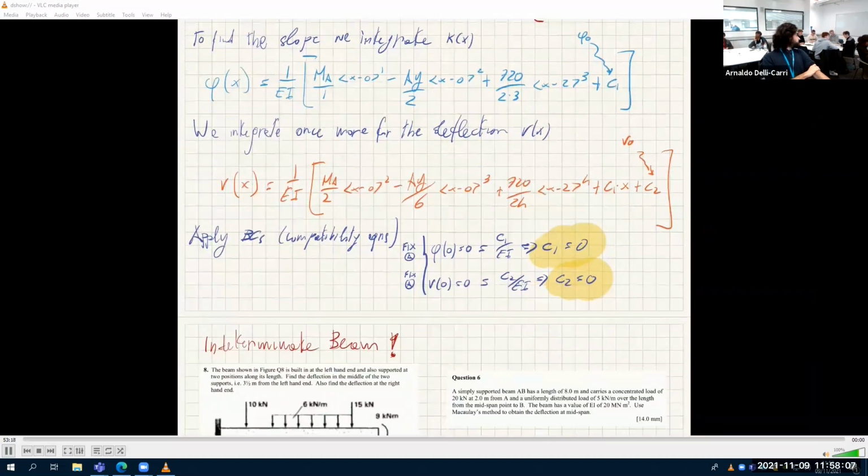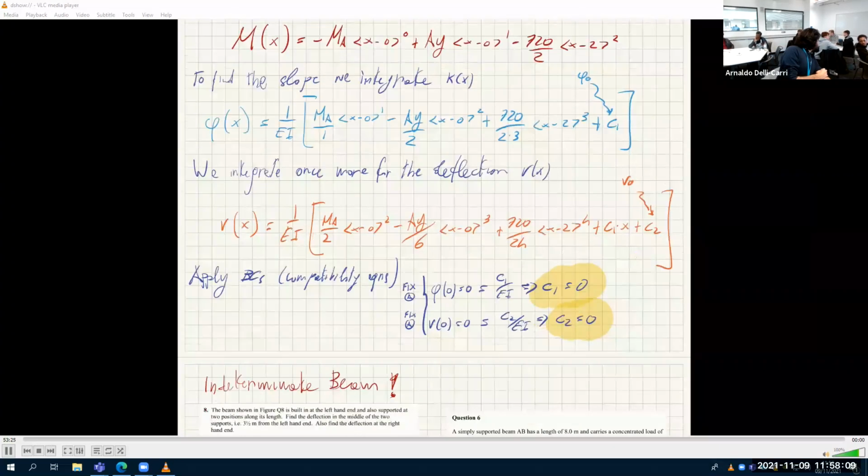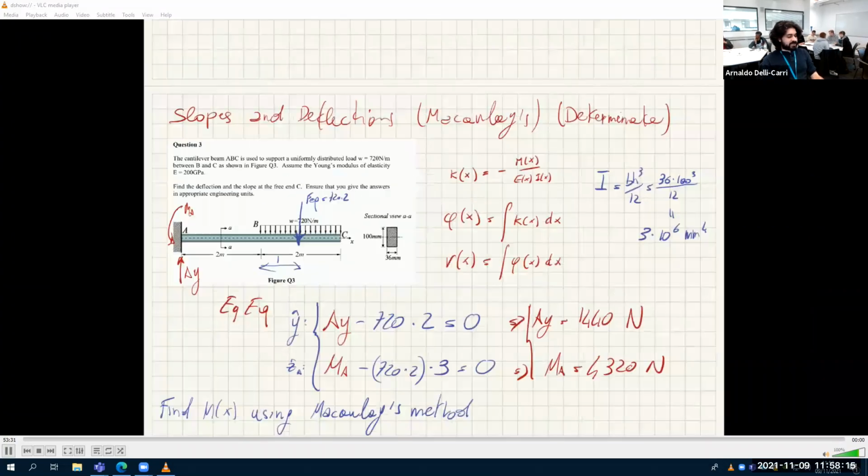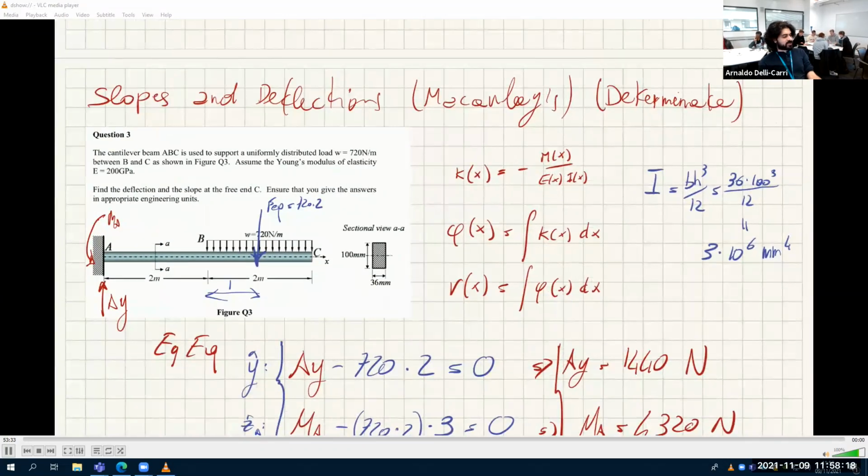It's not usually 0. So I can tell you that if you have a fixed support at the left-hand side, C1 and C2 are always 0. If you don't have a fixed support at the left-hand side, let's say if you have a roller or a pin at the left-hand side, C2 is always 0, C1 is always non-zero.